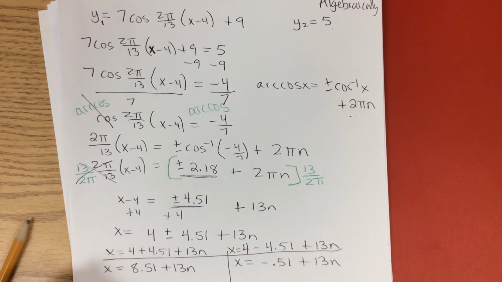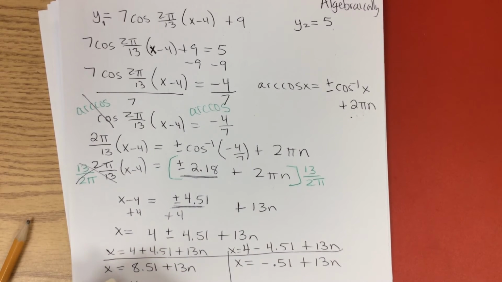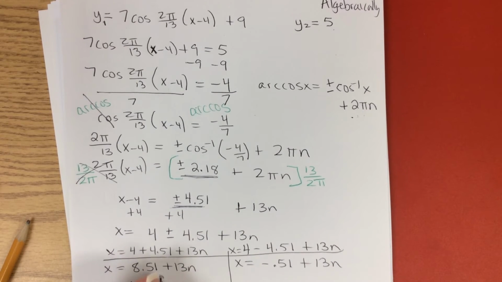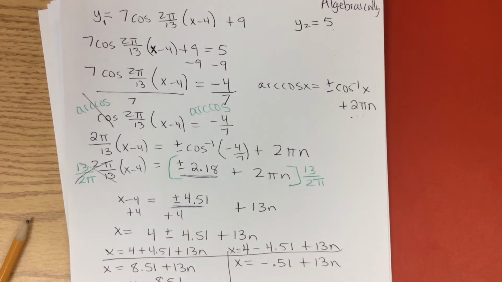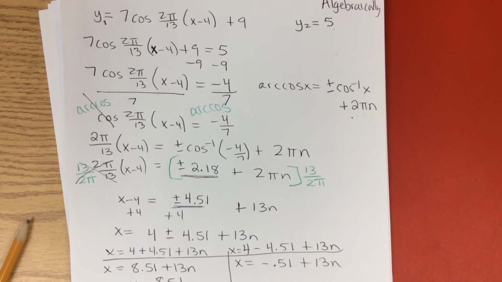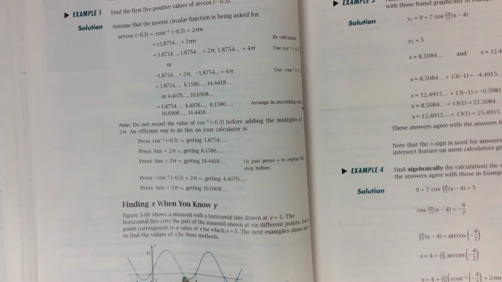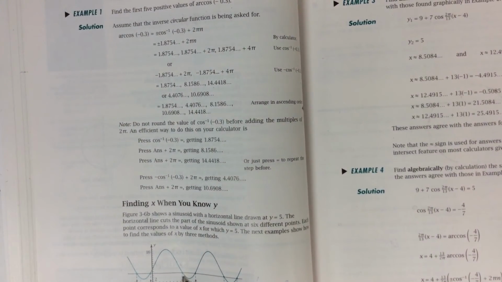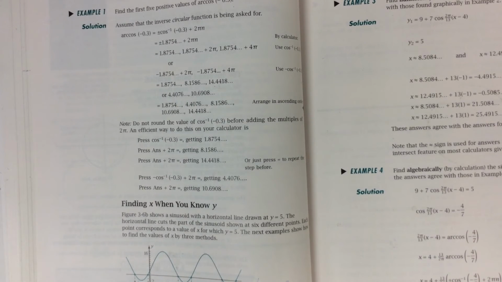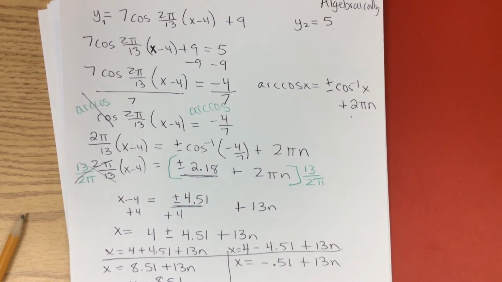Now, when n is 0, x equals 8.51. If you remember looking at the graph of this problem that we did earlier, we approximated a spot right there as 8.5. Remember? We want to find 1, 2, 3, 4, 5, 6 answers right now. So we just found 8.51.